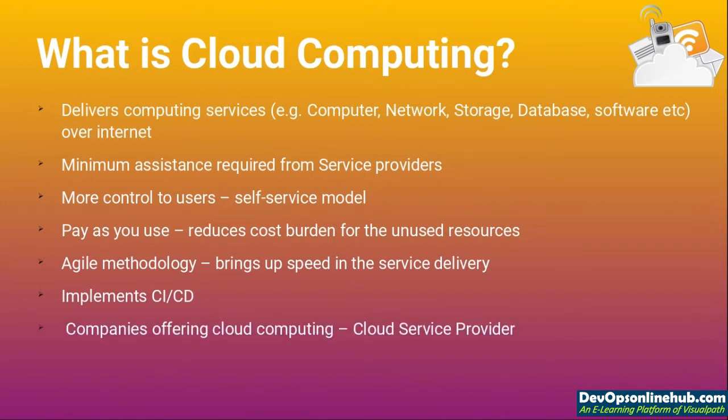And at the end I want to tell you that the companies who provide cloud computing services are called cloud service providers. Here you can have some examples like AWS from Amazon and Azure from Microsoft. So they are distinct cloud service providers. Also Google Cloud is there. They are also providing you cloud computing services.